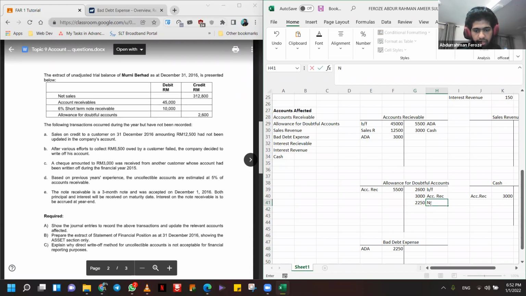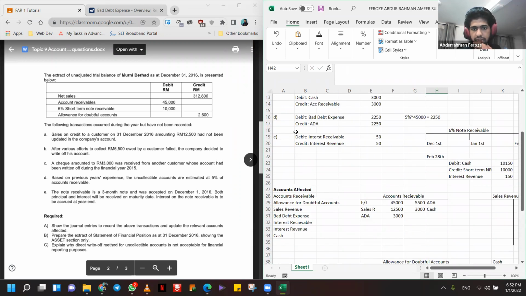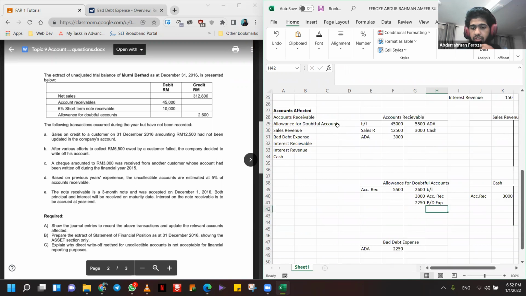You just put bad debt expense. That's like a short term. So we have added the part D transaction to the account as well.